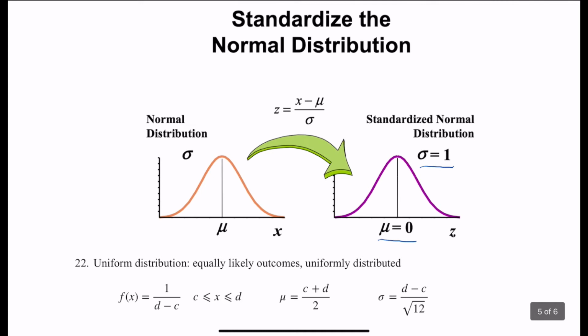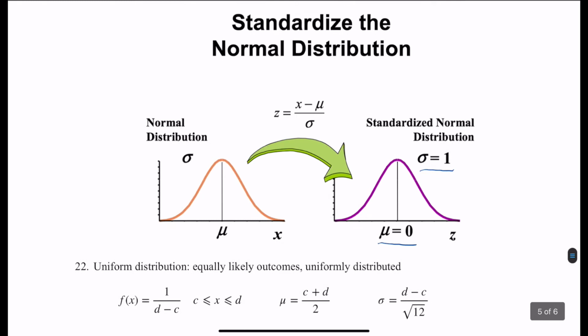The purpose of standardization is to have an easier way to calculate its probability so that we don't have to do the integrals every time we want to calculate probability. Now, we can just look at the table and the table can tell us the probability. So that's about normal distribution.